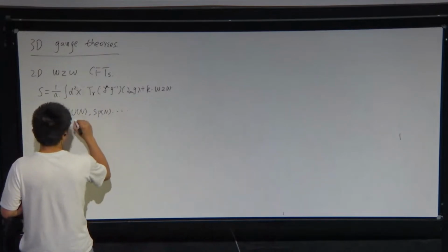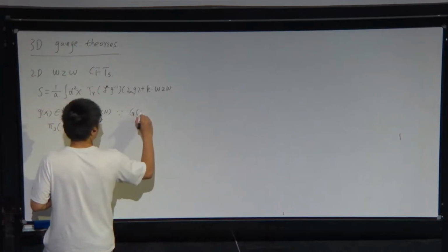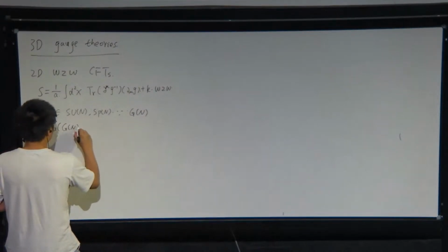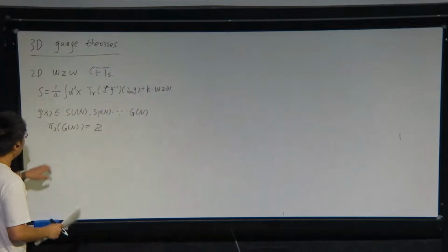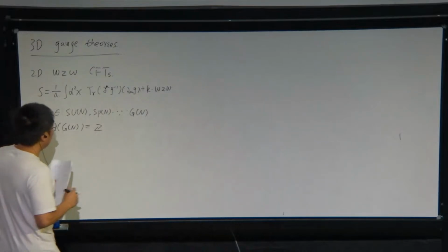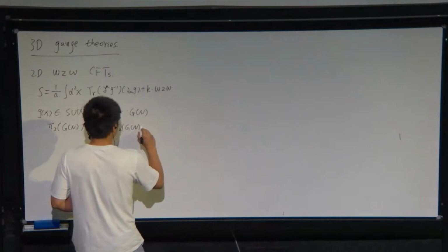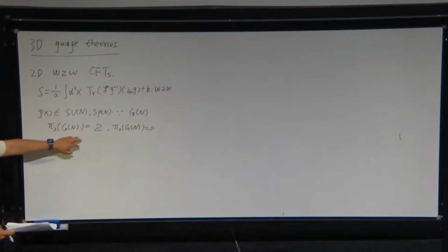Let me call my Lie group manifold G. We know that pi_3 of the Lie group is Z and pi_2 is trivial, and that's why you can extend the space by one dimension and then write down a topological term. That is the Wess-Zumino-Witten term.